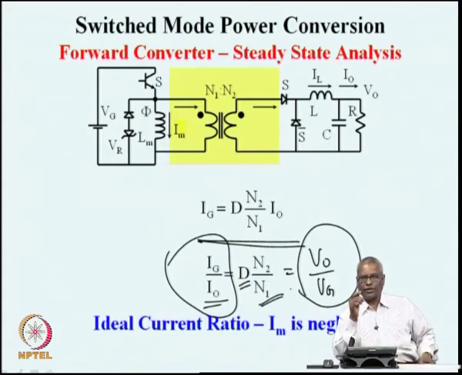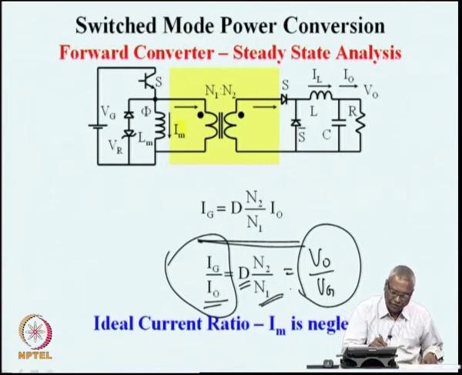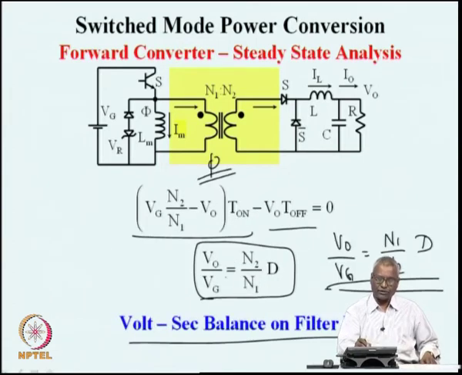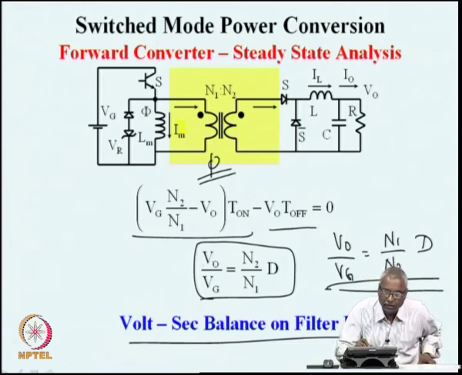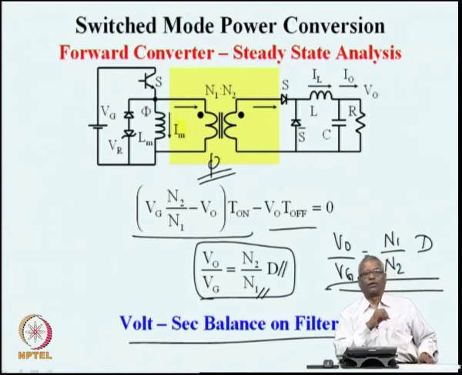So, now we have added one more degree of design freedom. For example, from a given voltage of V naught and a given voltage of Vg, it is possible to obtain the same V naught with two different quantities for the turns ratio and the duty ratio of operation.